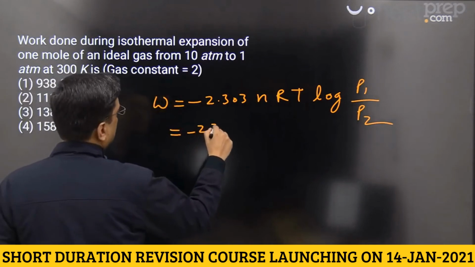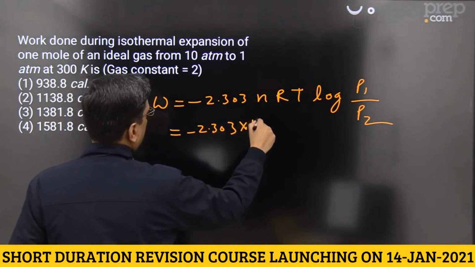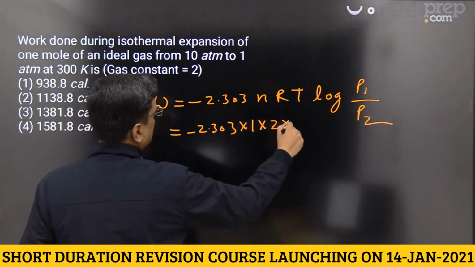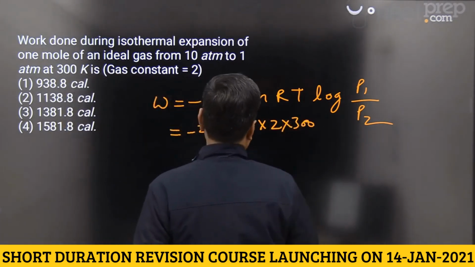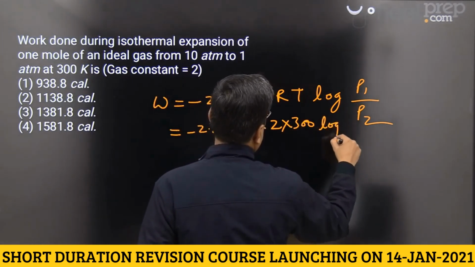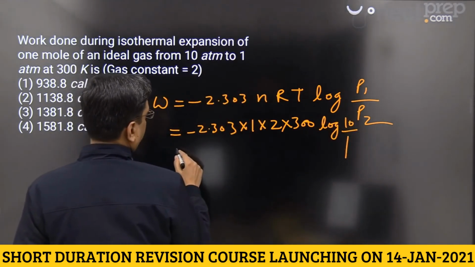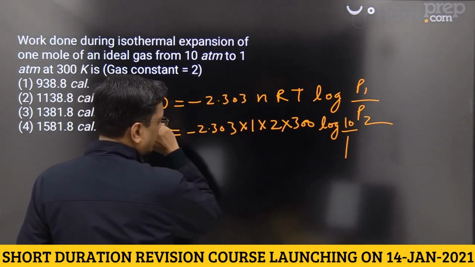So minus 2.303, how many moles? 1 mole, R is 2 calorie into 300, log 10 by 1, log 10 is 1, so it will be minus 600 into 2.303 into 1.